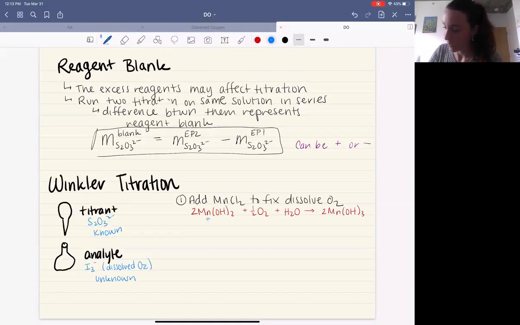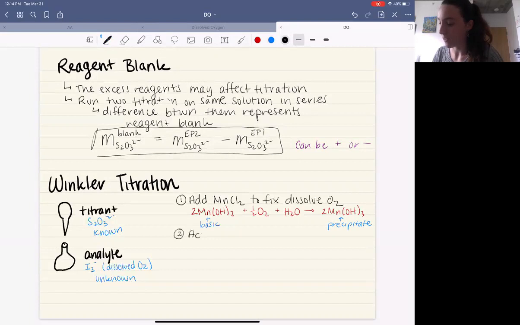Notice that this needs to occur in basic solution, so this is why we don't add acid yet. When we add the manganese chloride, we need the manganese hydroxide to form, and then this is a precipitate. So you'll add the manganese chloride and let it sit for a while in order for it to reach all of the oxygen in the solution and precipitate out completely.